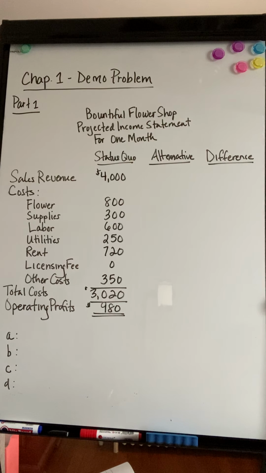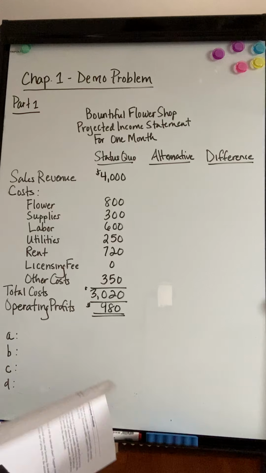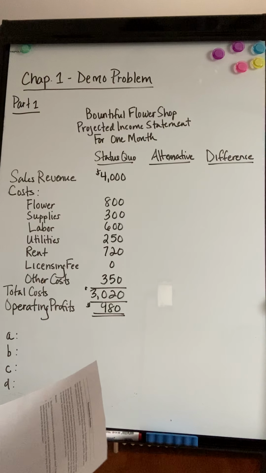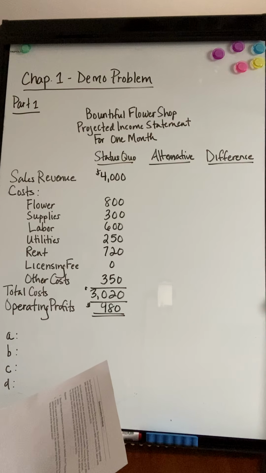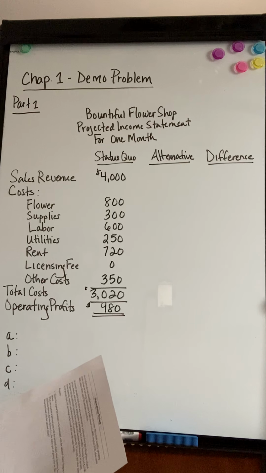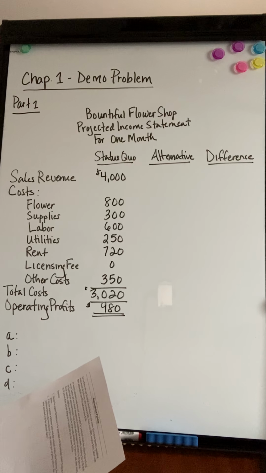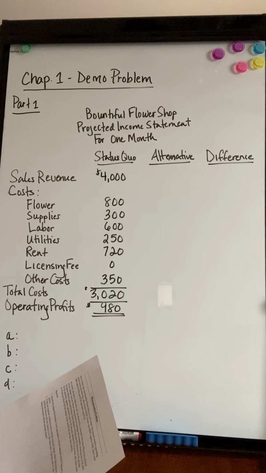Again, nice thing about this video, you can pause it, write this down, and then come back when you're ready and finish off here with the alternative. So it says he recently attended a trade show and was attracted by a national chain that offered him referral service, baskets, and new flower arrangements in exchange for a monthly licensing fee of $1,000.